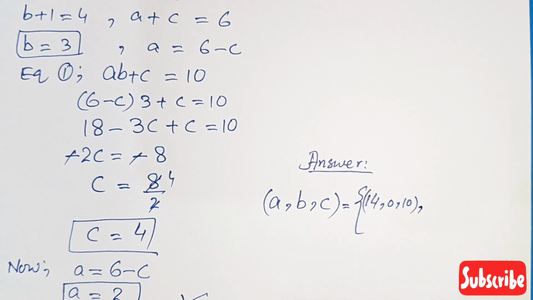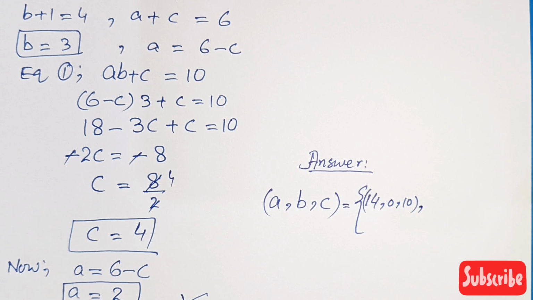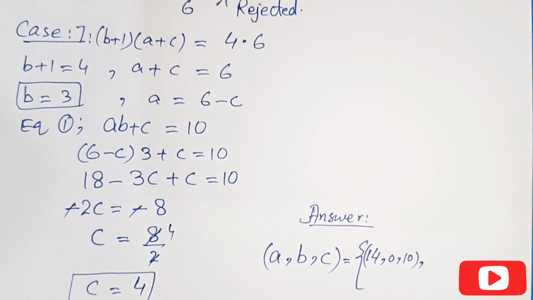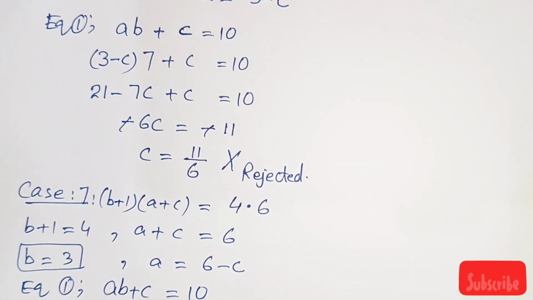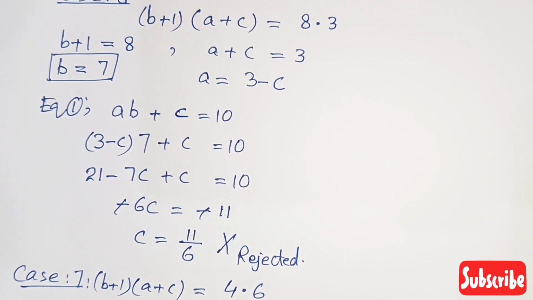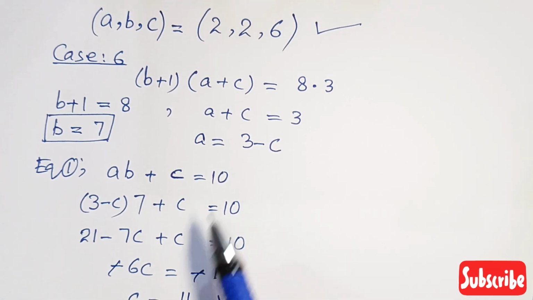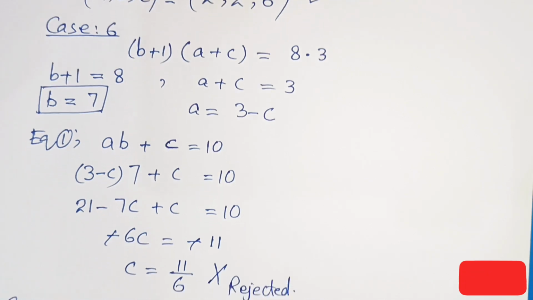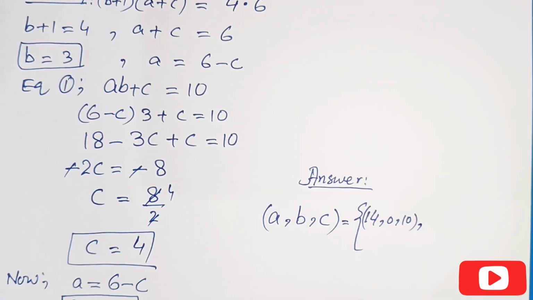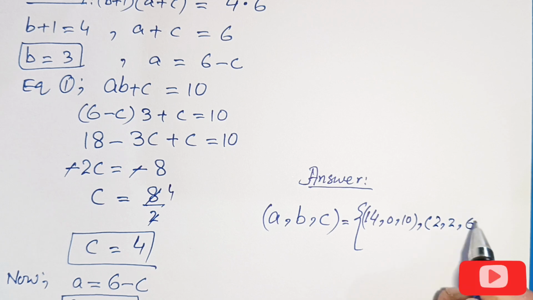Similarly we have another case number, which is 5. So here we get the value of a, b and c is 2, 2 and 6.